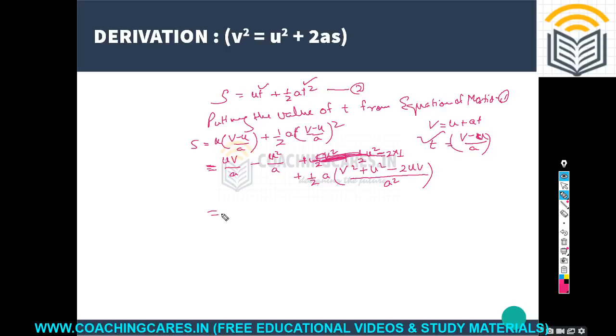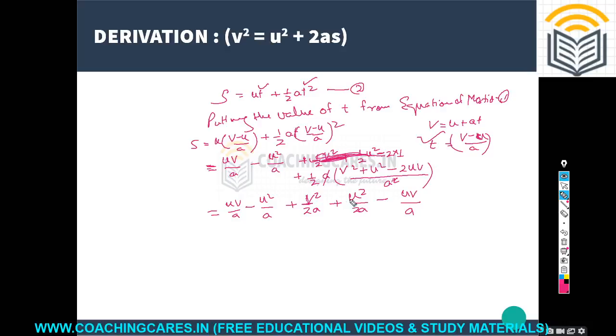So further we can write both the terms uv by a minus u square by a plus a, it will cancel this square, so that will become half v square plus u square by 2a minus uv by a.